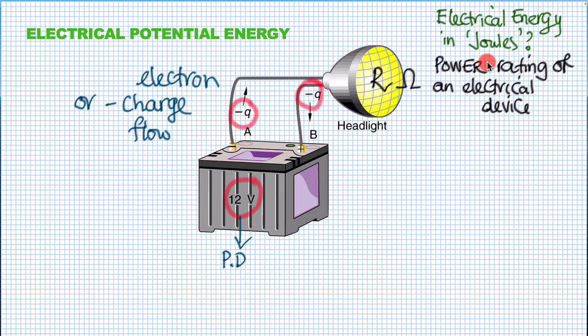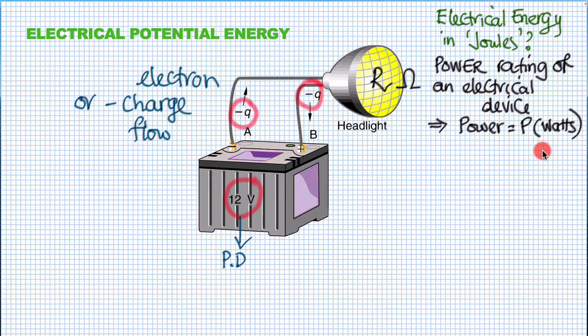Well, one of the things that every electrical device, every resistor contains, is a rating. We call that the power rating, and really what it tells us is the amount of energy the electrical device uses for every second that it's on, that the current is driving it.